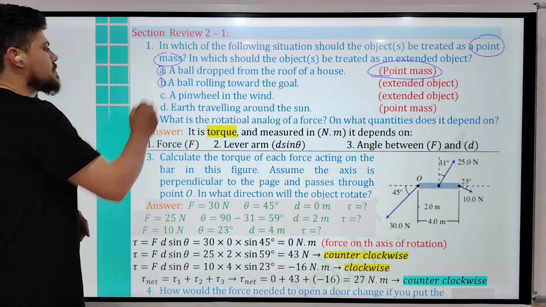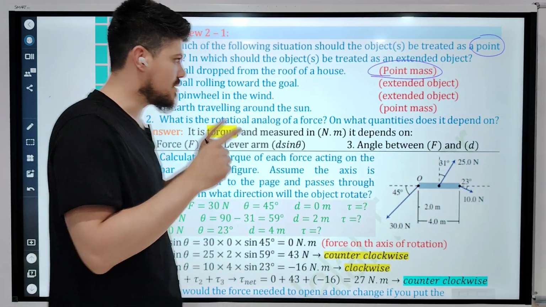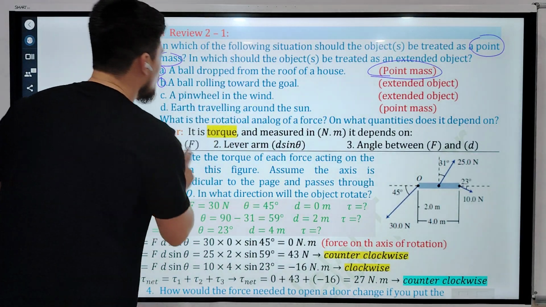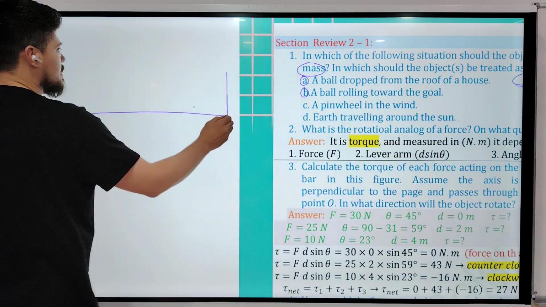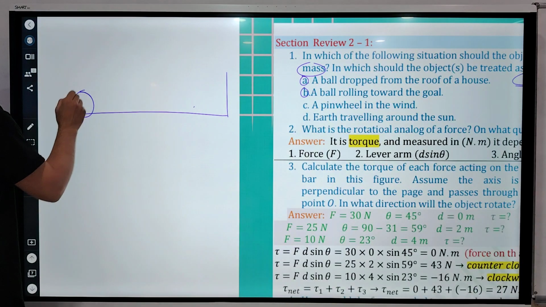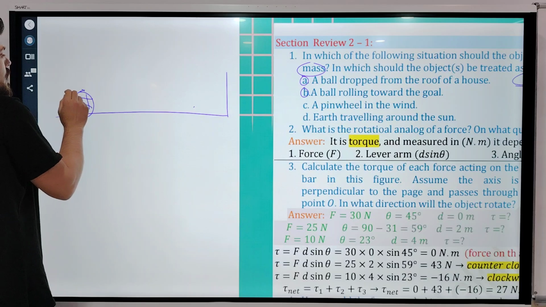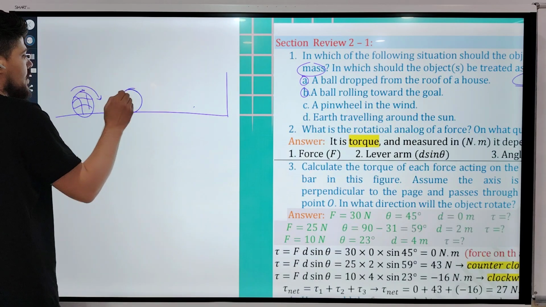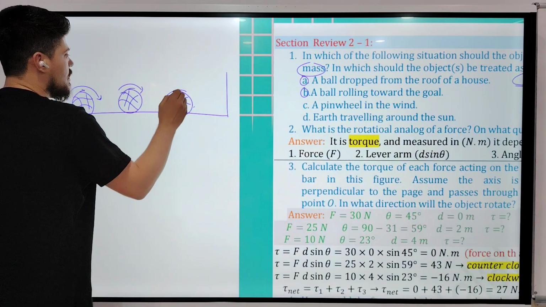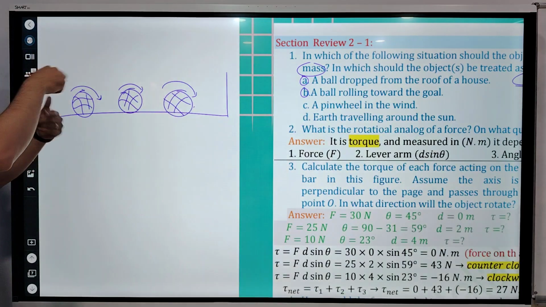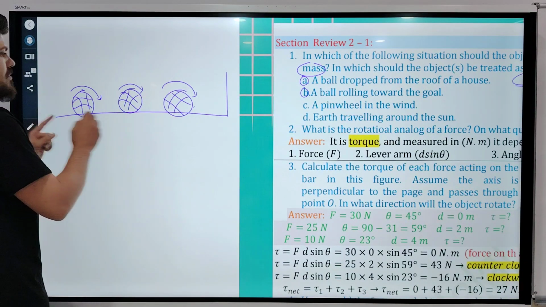The second one, a ball rolling toward the goal. What do you mean by a ball rolling toward the goal? Assume that, for example, this is the goal and this is the ball. Because the ball is rolling toward the goal, the ball is rotating and, at the same time, changing its position. So in that case, we have both.